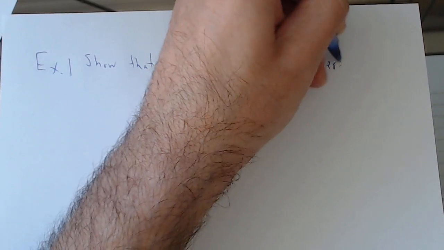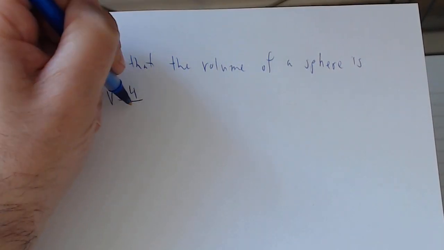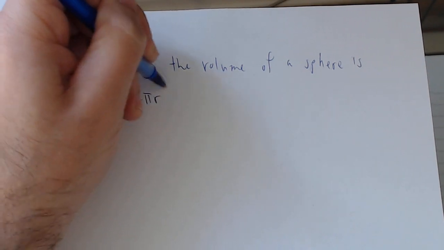So the first example is going to be to show that the volume of a sphere is V equals 4/3 pi r cubed.